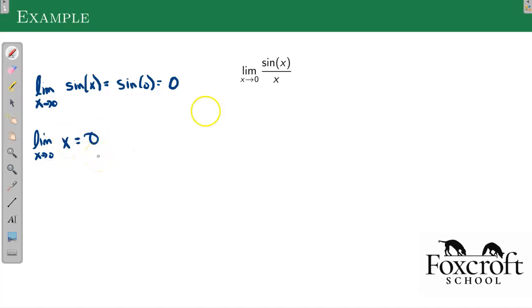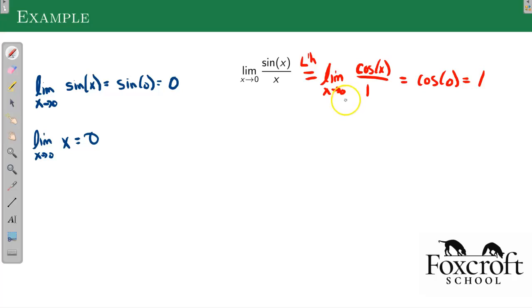So I get 0 over 0, and now I can do this equality using L'Hopital's rule. The limit stays, but now I take the derivative of sine, which is cosine. The derivative of x is 1, and I can just plug in 0 now and get 1. So the limit of this function is 1.